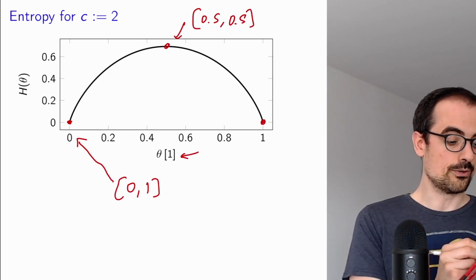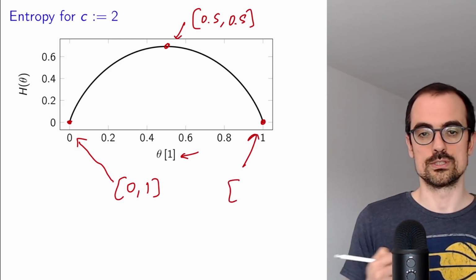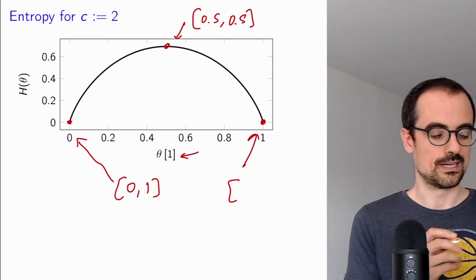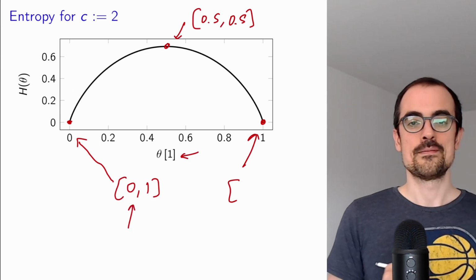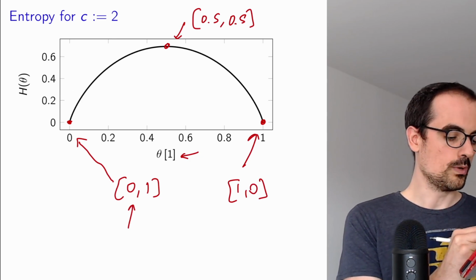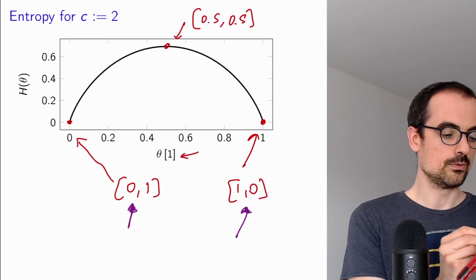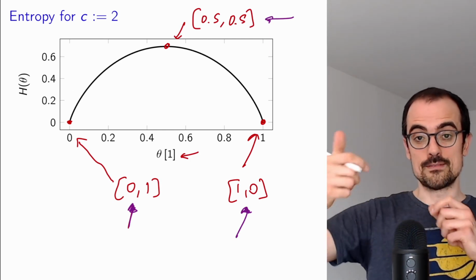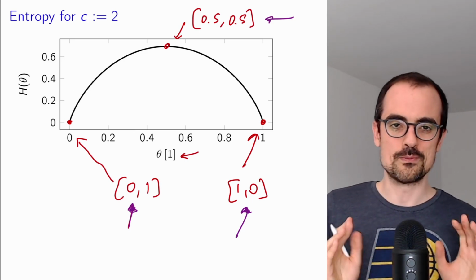I got this completely backwards. Let me say that again. The entropy is 0 if we never see the first class, or if we always see the first class, and if we see the two classes with equal probability, that's when the entropy is maximal, because revealing the value of the random variable gives you the most information. So I hope I didn't confuse you too much.